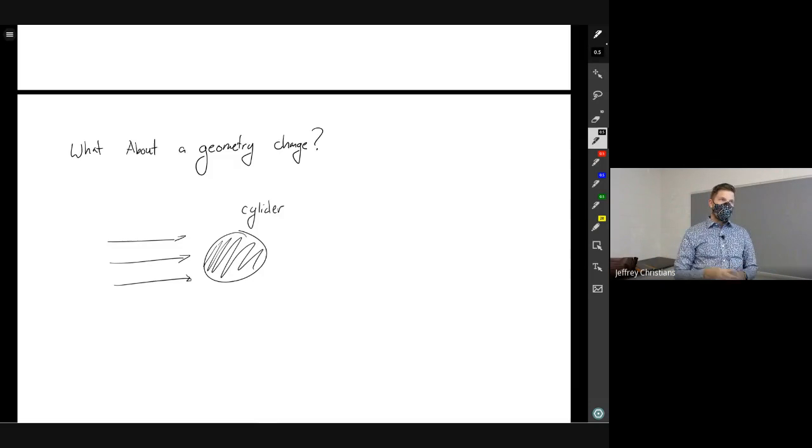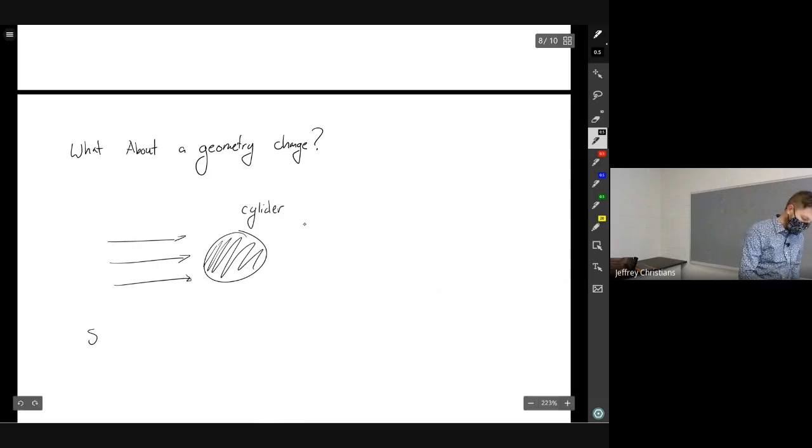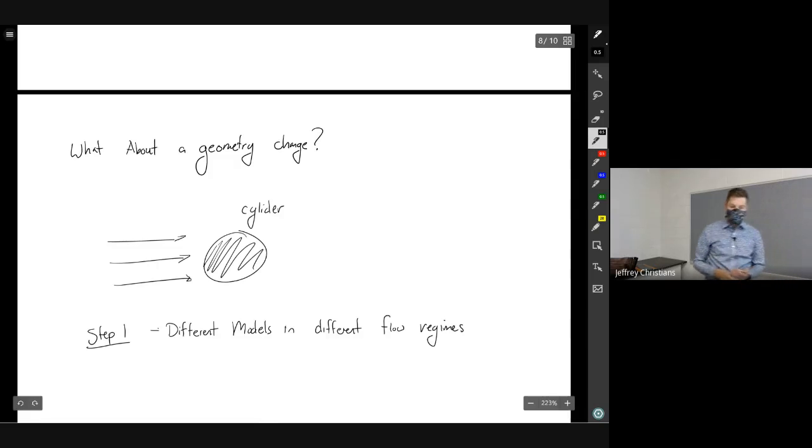For all of these problems, similar to what we did with a flat plate, we're going to have different models and different flow regimes.